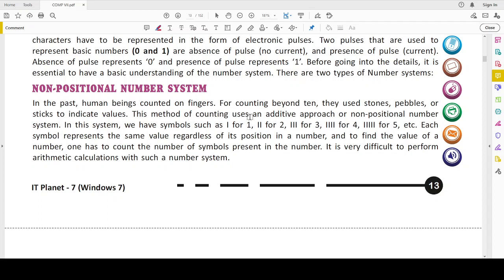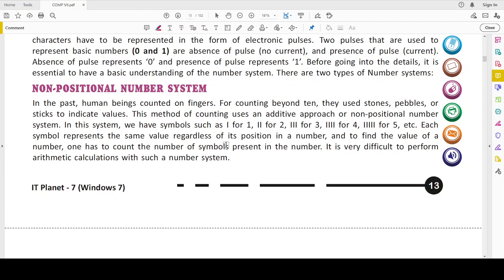This method of counting uses an additive approach, or non-positional number system. In this system, we have symbols such as 1 stick for 1, 2 sticks for 2, 3 sticks for 3, 4 sticks for 4, 5 sticks for 5, like this. Each symbol represents the same value regardless of its position in a number.